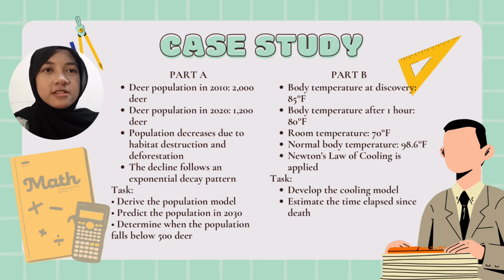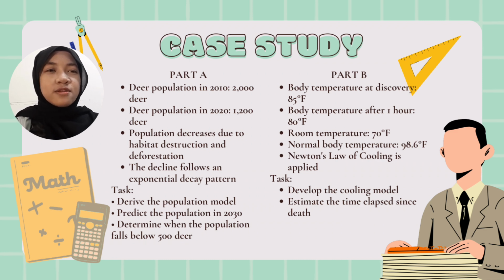For part A, the case study focuses on the declining population of white deer in a forest ecosystem. In 2010, the deer population was reported at 2,000. Due to habitat destruction, deforestation, and human activity, the population decreased to 1,200 in 2020.